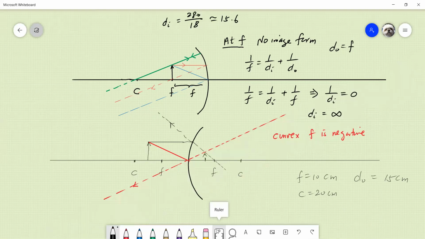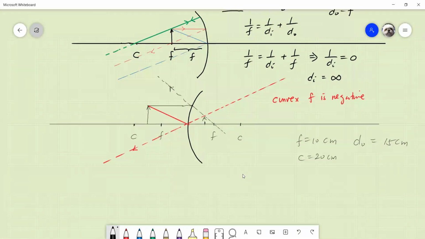So therefore, my image is here. Are you with me? Since it's on the opposite side, the image is virtual.